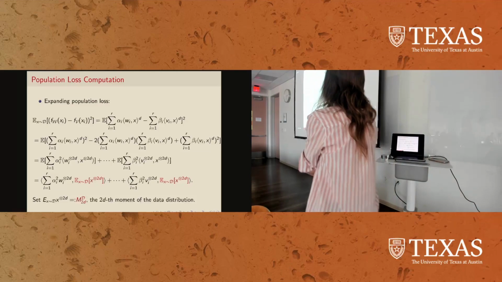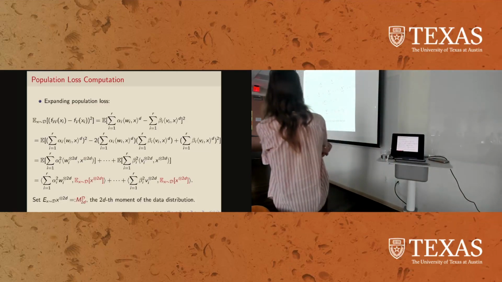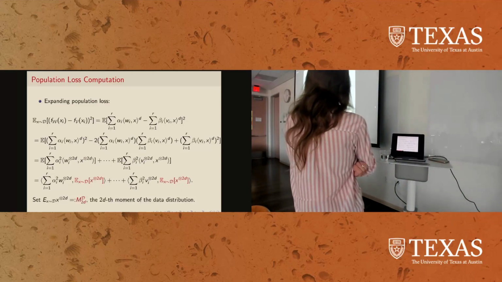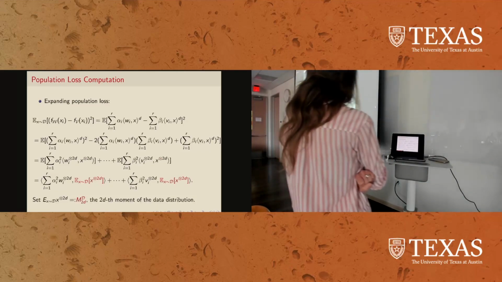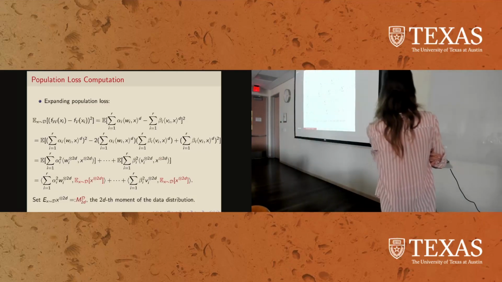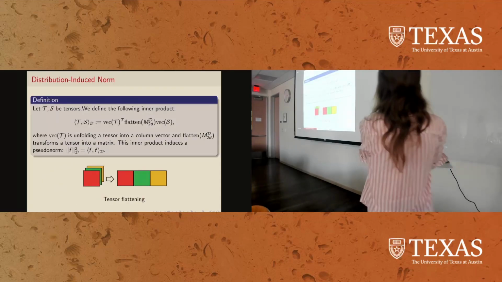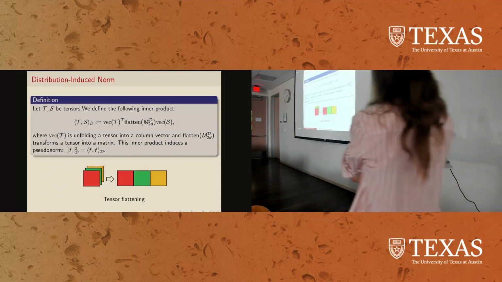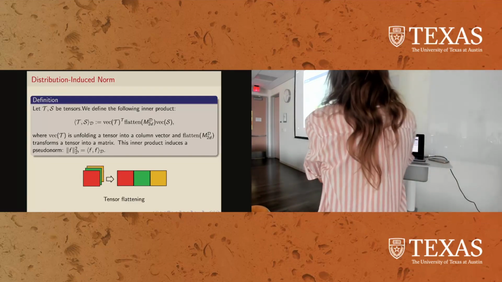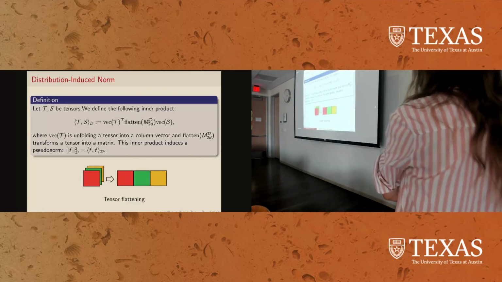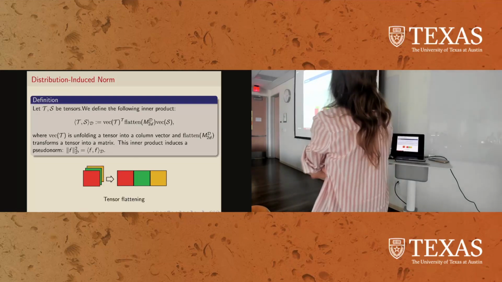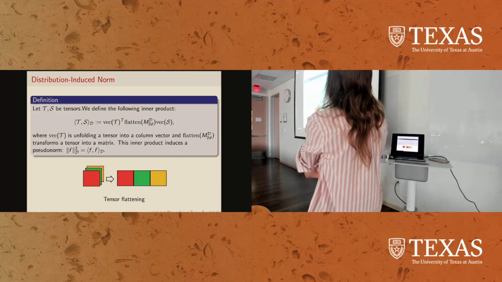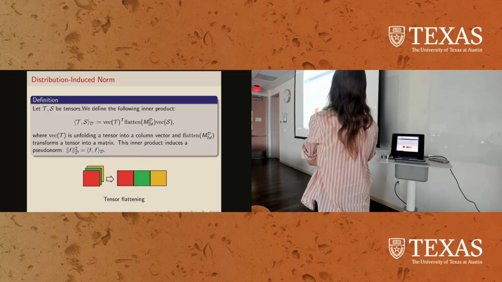Let's call it capital M with some subscripts and superscripts. We will use this 2d-th moment of the data distribution to define an inner product. So consider 2 tensors, capital T, capital S. We define the following inner product, where we vectorize the tensors, and we flatten the 2d-th moment tensor.